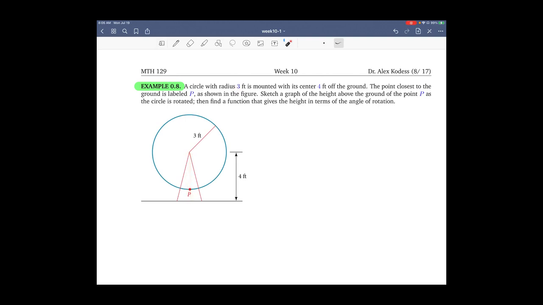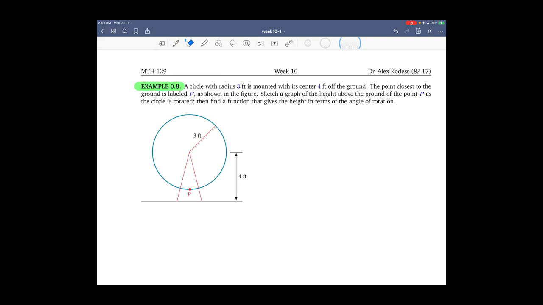The point closest to the ground is labeled P. Sketch a graph of the height above the ground of the point P as the circle is rotated. Well, we're not told in which direction it's rotated. Assume, as always, the rotation is... Doesn't matter, clockwise or counterclockwise. We'll think about it.